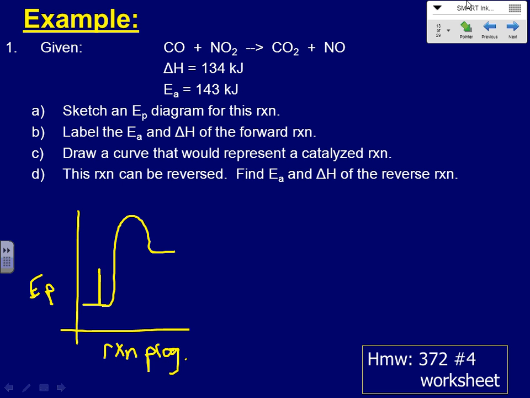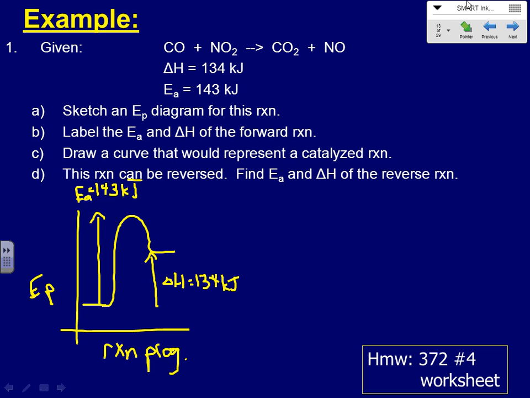So my EA, if I label this up correctly, that length of line is 143 kilojoules. And my delta H here is, again, 134 kilojoules. All right? Label the EA and the delta H. I've done that. I've put the numbers in.